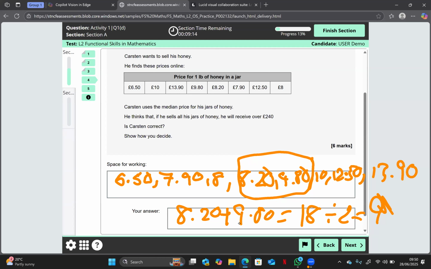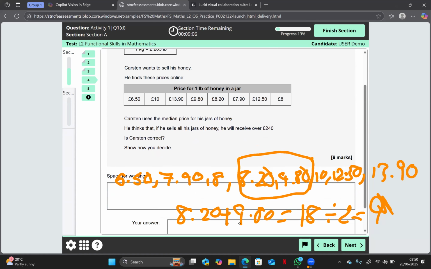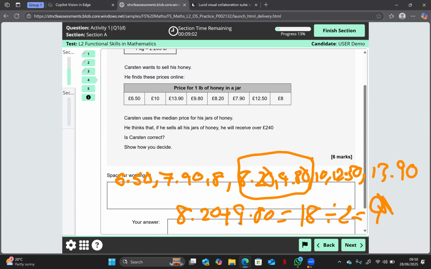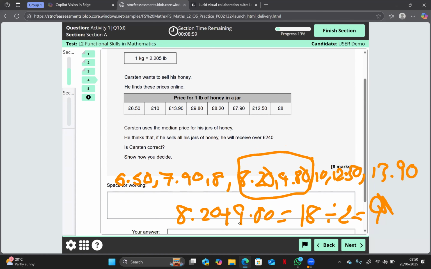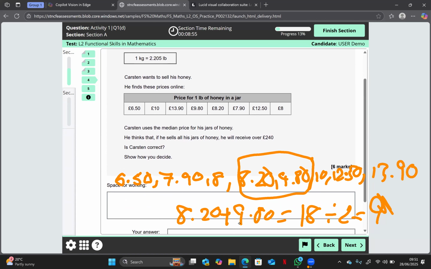He thinks that if he sells everything, it'll be over £240. So, how many jars do they have?